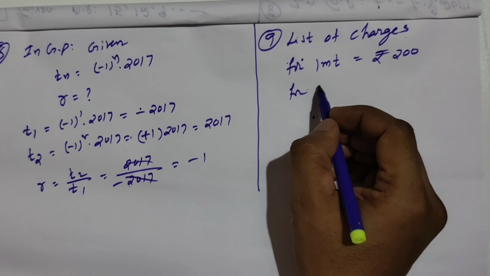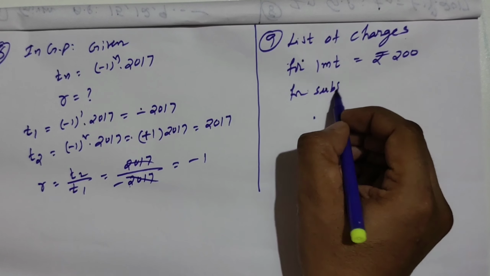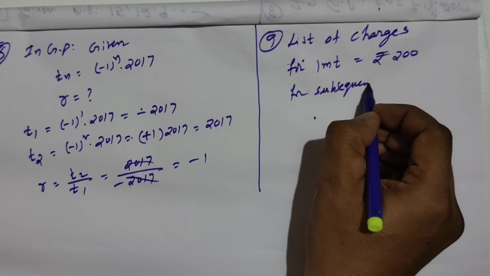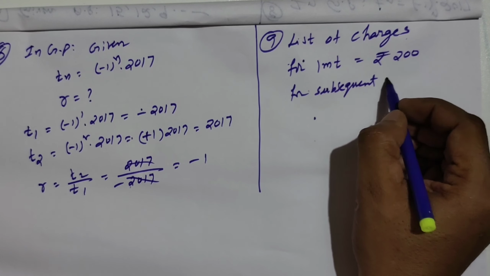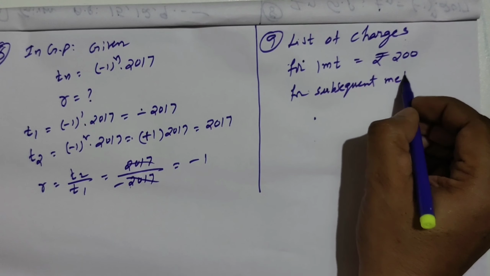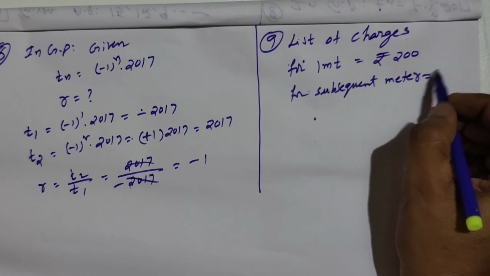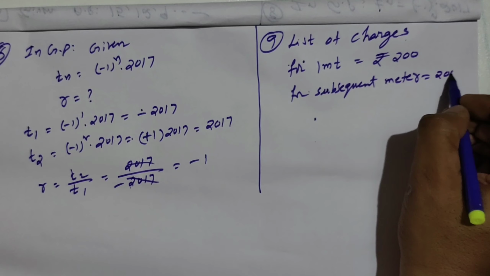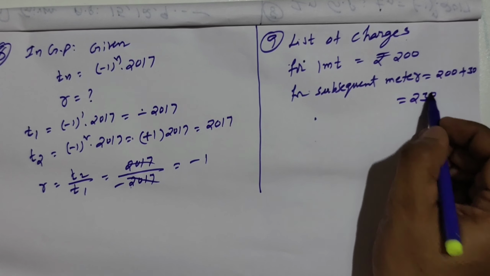For each next subsequent meter, they are charging 30 rupees, that is 200 plus 30, right, 230.